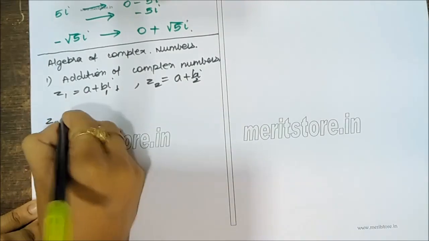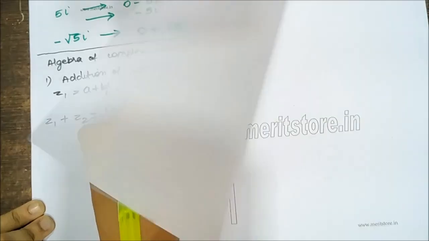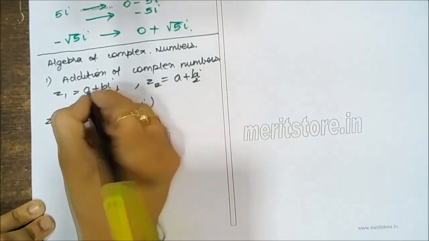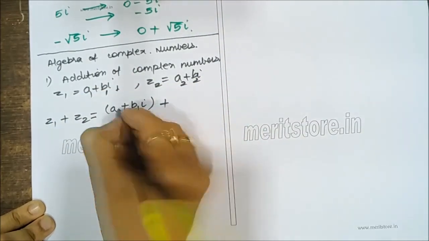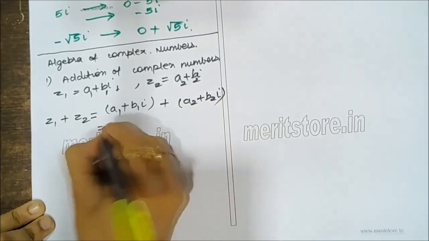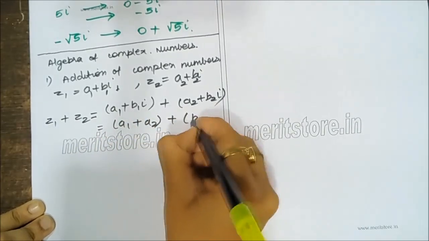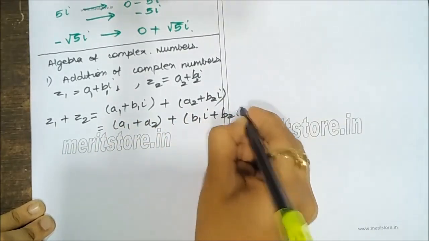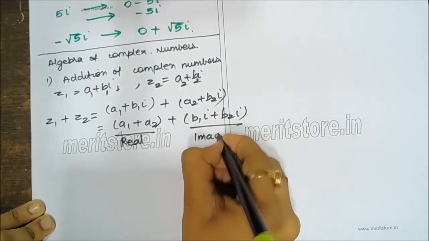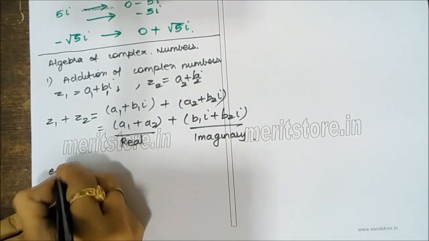Then z1 plus z2 is a1 plus b1i, this is 1, this is 2, plus a2 plus b2i, so a1 plus a2 plus b1i plus b2i. So real part is together, imaginary part is together. Let's take an example.